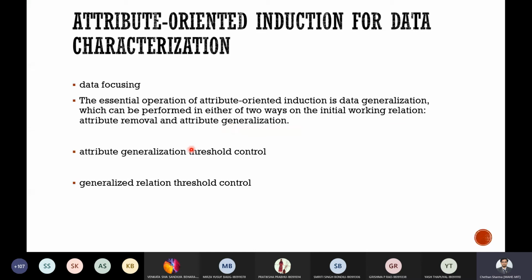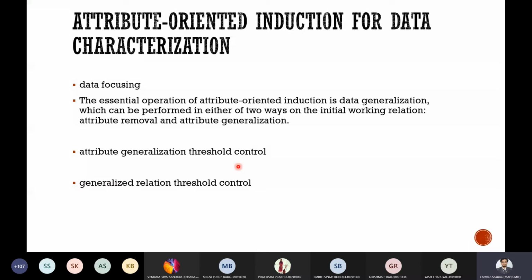This attribute threshold in most data mining systems usually ranges from 2 to 8. And there should be an option of allowing the users or experts to modify these threshold values. For example, if the user feels the generalization reaches too high a level for a particular attribute, the threshold can be increased.